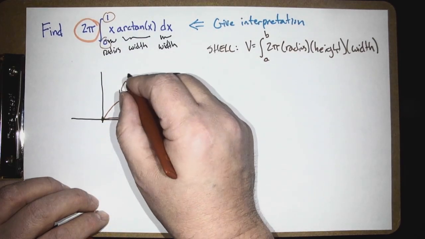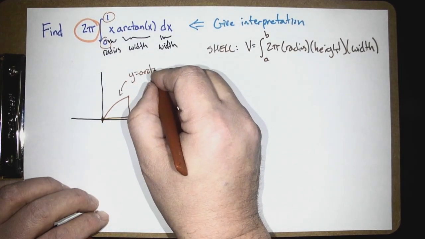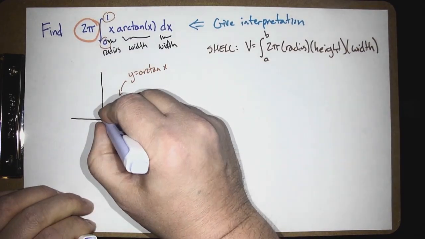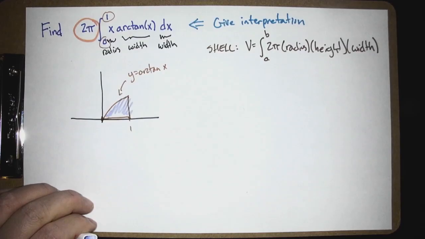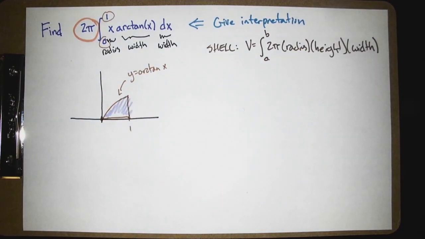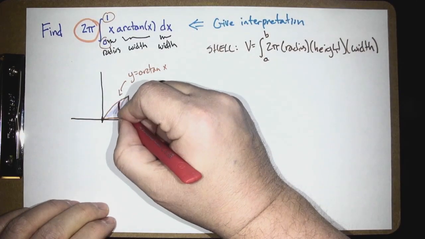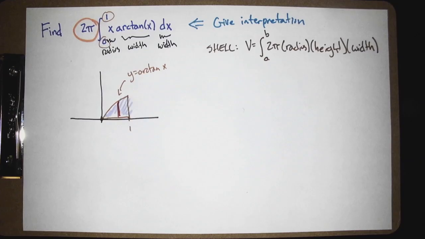Okay, so here is our region. We have y equals arctangent of x, going from 0 to 1. We'll shade our region in. Now, we're integrating with respect to x. That means we're taking vertical slices. Our distance to where we're spinning around is x.